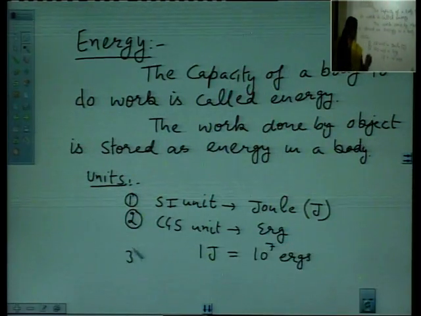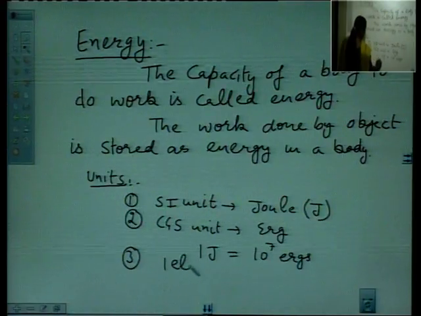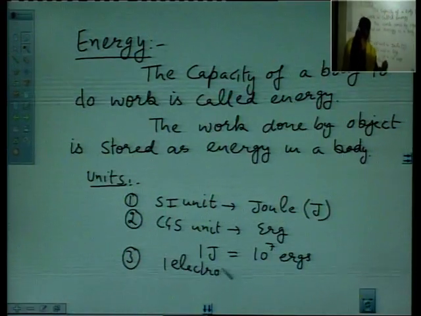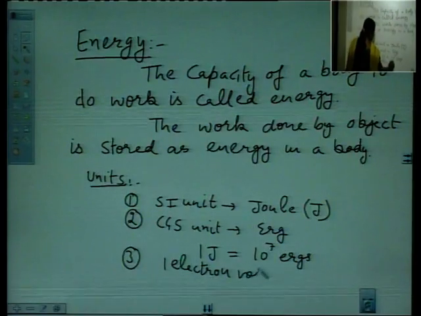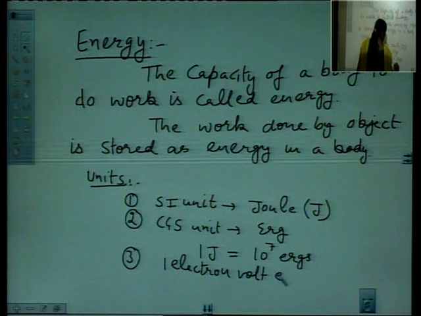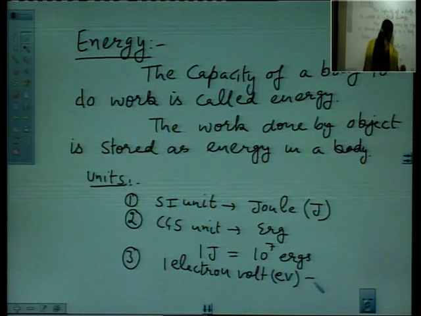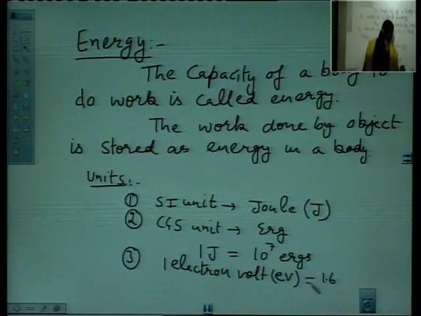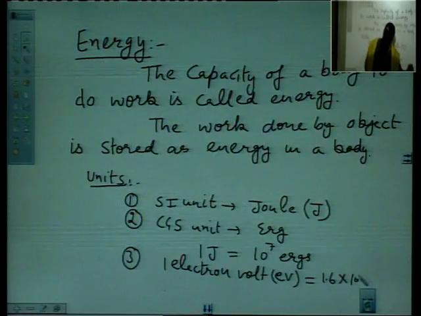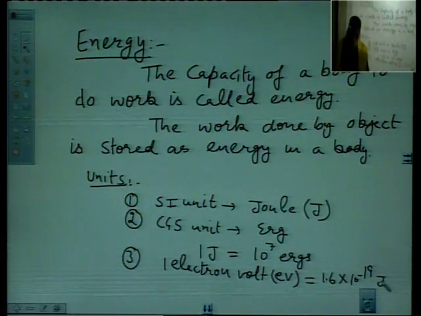Then third unit is 1 electron volt, or eV. So, 1 electron volt is equal to 1.6 into 10 raised to power minus 19 joule of energy.